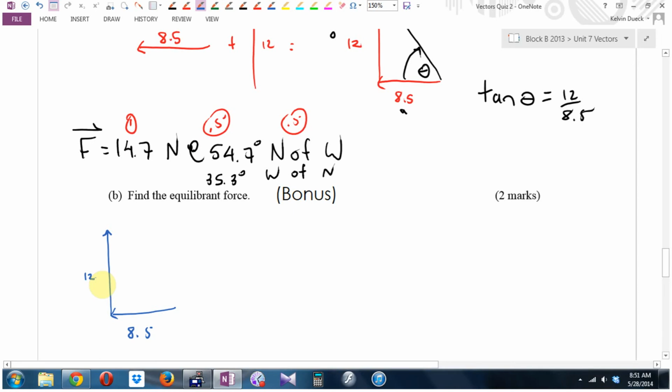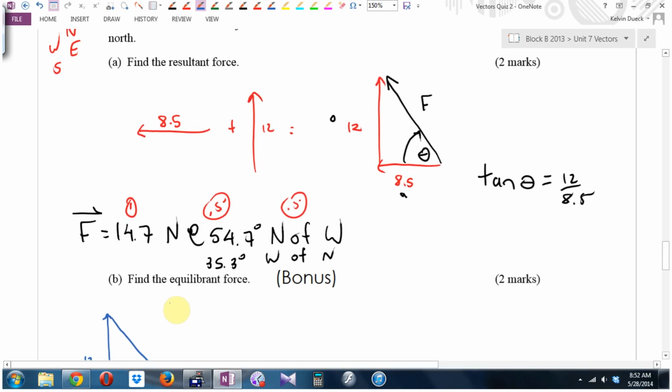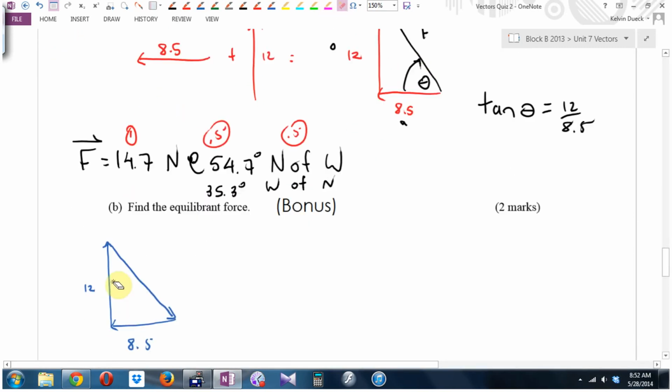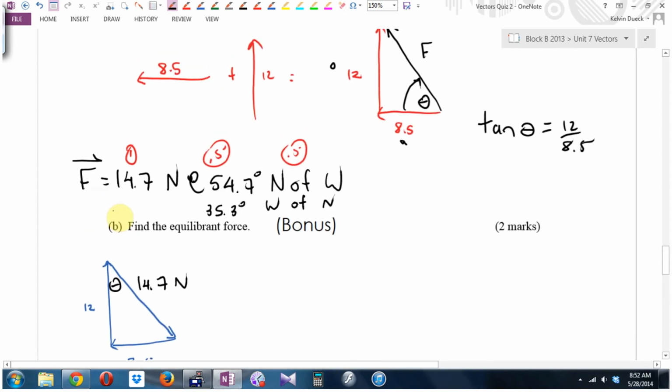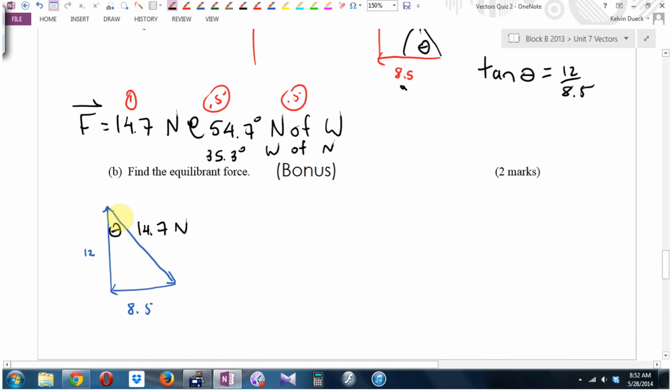The equilibrant force is going to look like that. Slightly different. Instead of pointing up and left, like I have here, it's pointing down and right. But do you know how big it's going to be? It's going to be 14.7 newtons, because if I do Pythagoras, I'm going to get the same answer. And if I find this angle here, well, let's see.